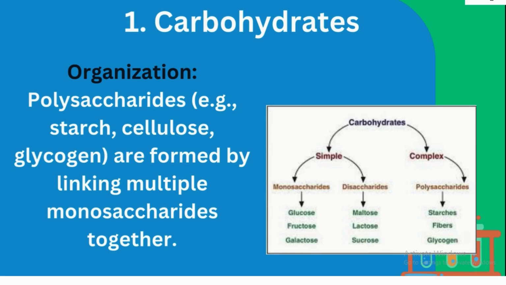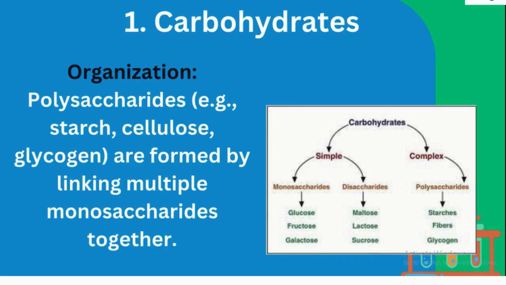The simple carbohydrates consist of the monosaccharides, mono means single, and the disaccharides, meaning two combined glucose molecules. Examples of the monosaccharides are the glucose, fructose, and the galactose, while examples of the disaccharides are the maltose, lactose, and the sucrose.